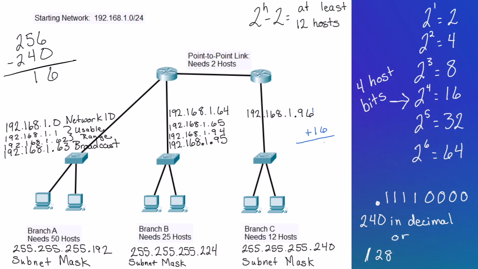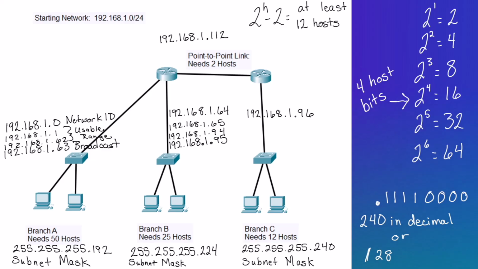Our block size for this branch is 16. We take the value 16, we add it to our interesting octet, the 4th octet. That gives us the value of 112. So branch D's network ID will be 192.168.1.112.